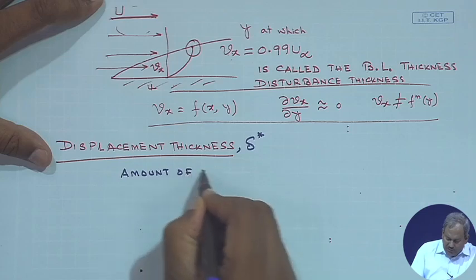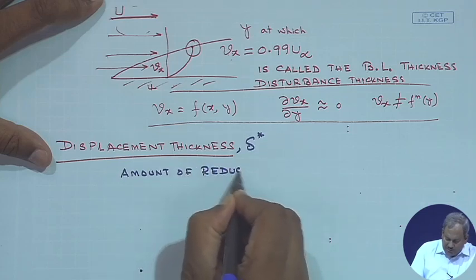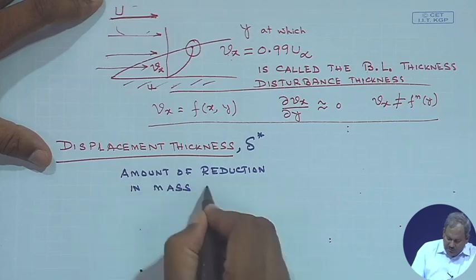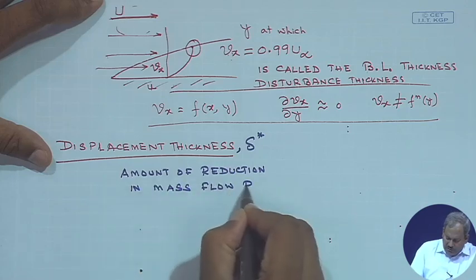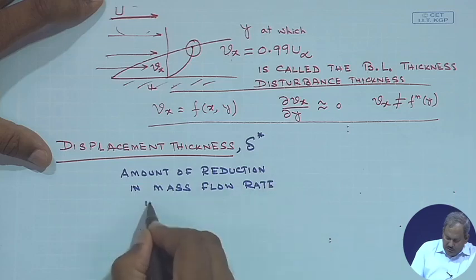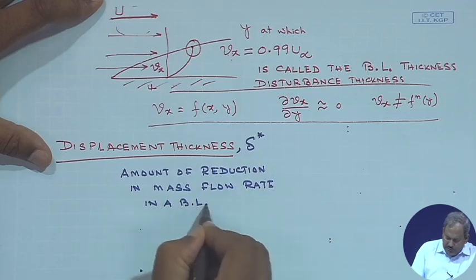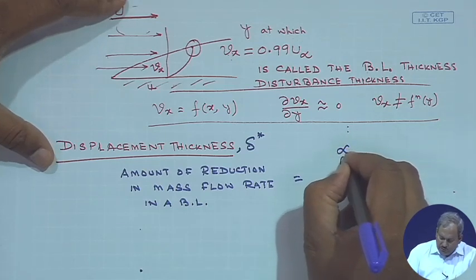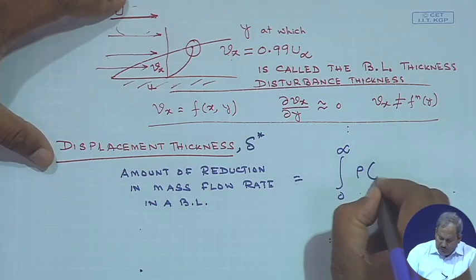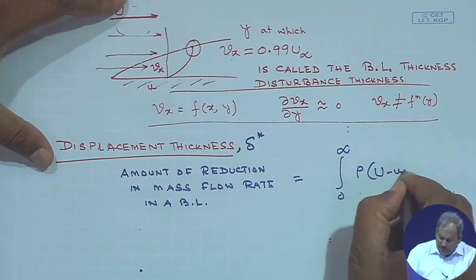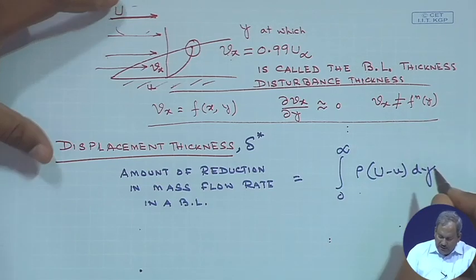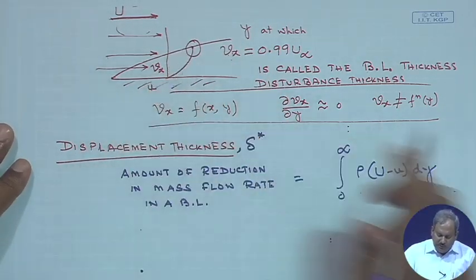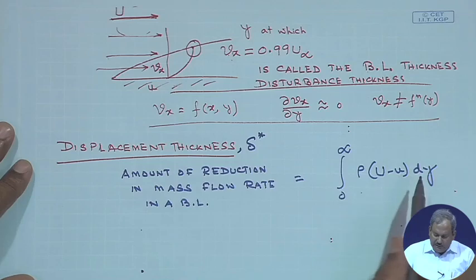The amount of reduction in mass flow rate in a boundary layer would simply be equal to the integral from 0 to infinity of rho times capital U minus small u times dy. Here we have assumed that the depth perpendicular to this paper is unity.